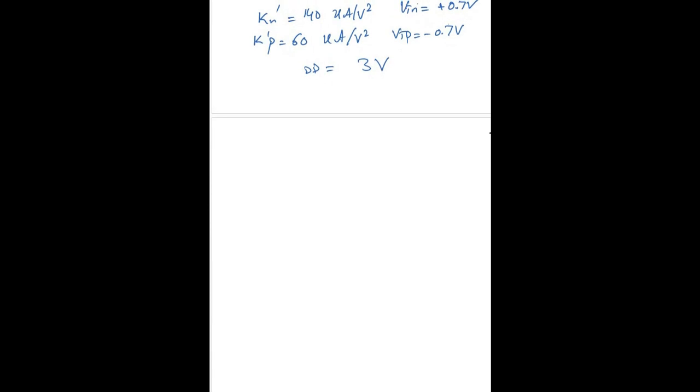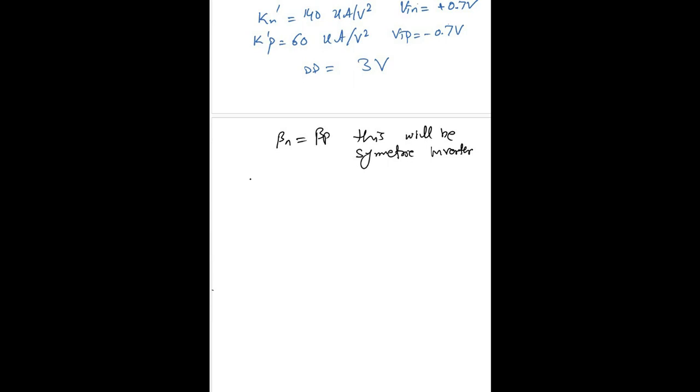If we consider that beta n and beta p values are equal, what would happen then? For example, we consider beta n is equal to beta p. We can say that this will be a symmetric inverter. So how can we verify this using the formulas which we derived earlier?